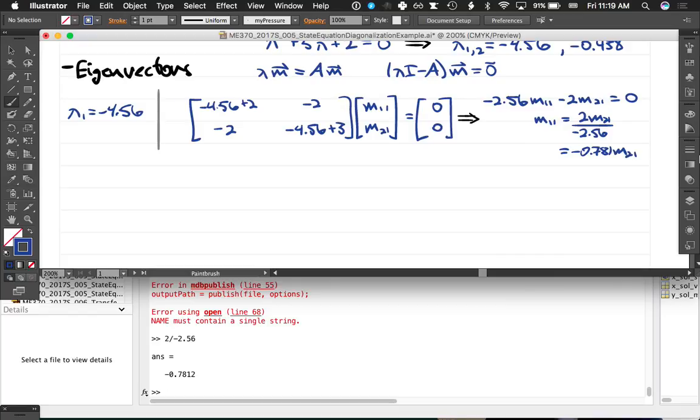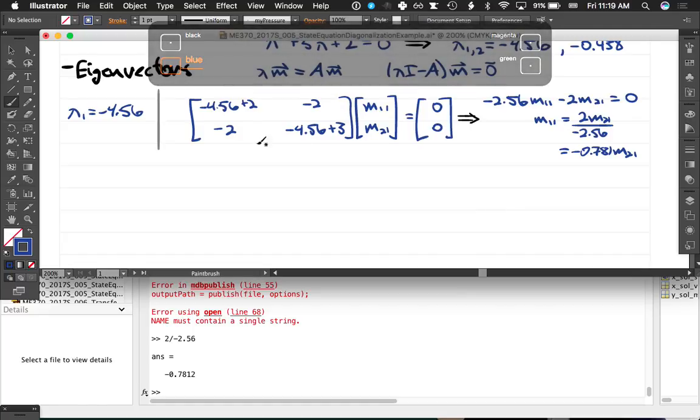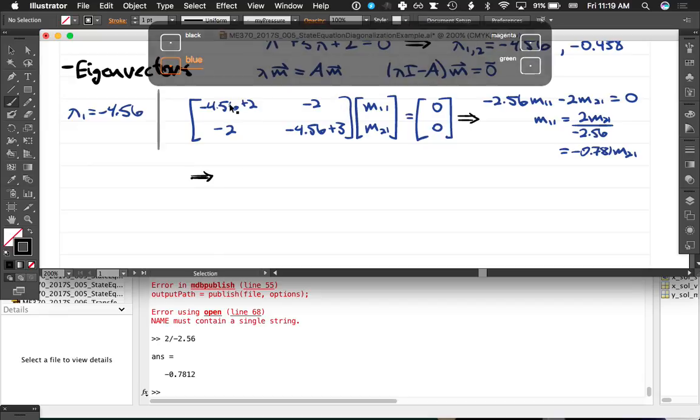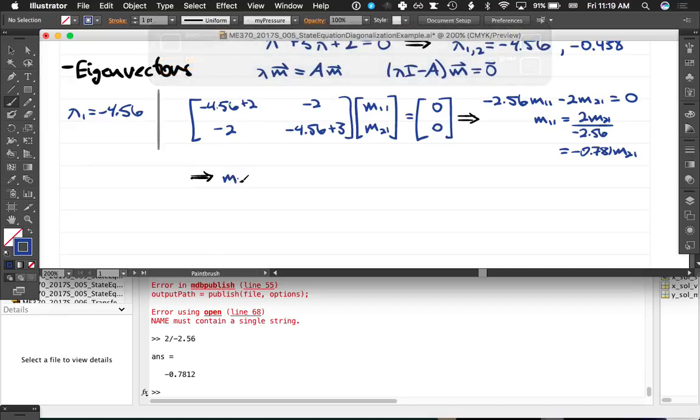M21. So we know what our eigenvector is from this relationship, and we can write it down. So from this, we know that m1, our eigenvector, is equal to any scaling, so I'm going to put alpha there to remind us that it's any scaling, because an eigenvector can be scaled by any number and still be an eigenvector.